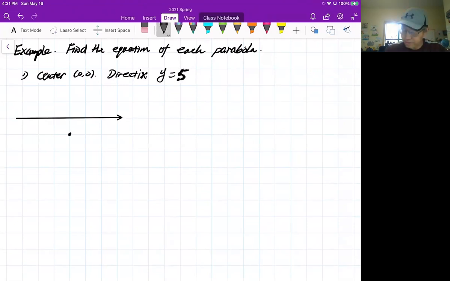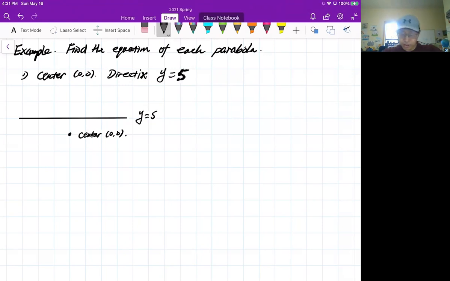I don't use the arrow, just use the straight line here. So suppose this is y equals 5, and this is the center, 0, 0. So how do you draw the picture?